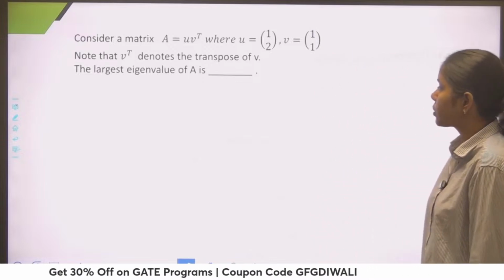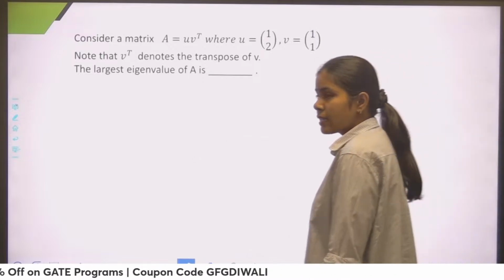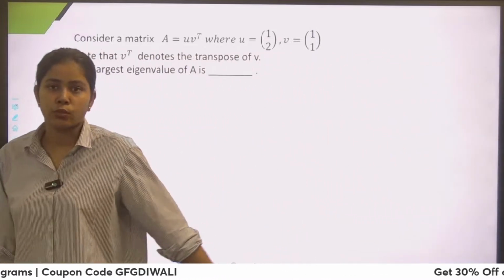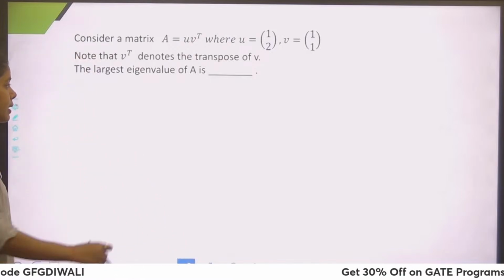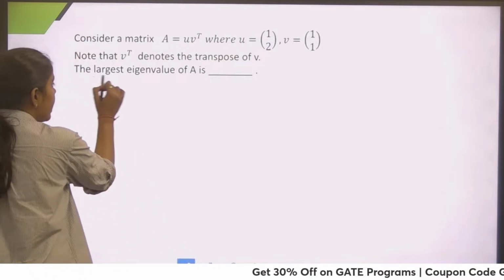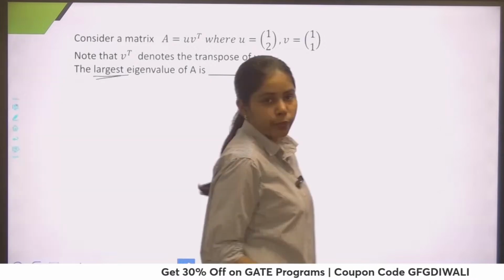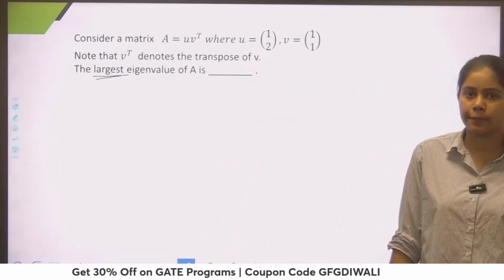Okay, so I have this question. They have given a matrix A, that is U into V transpose. U and V they have already provided. Now they are asking for the largest eigenvalue of A. So you have to tell what would be the largest eigenvalue of A here.